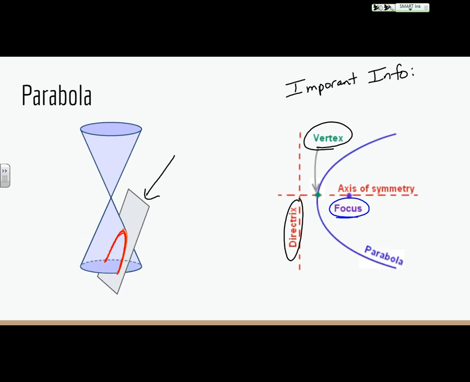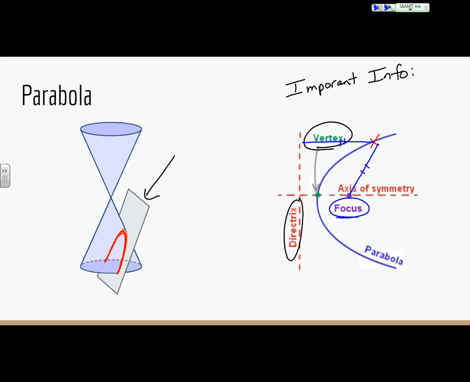Now, let me just briefly talk about this. I'm not going to go into a lot of detail with it because I think this video will be long enough without doing that. But the idea is that if I was to choose any point on this parabola, I'm just going to choose this random point up here marked by the X, and I draw a straight line from the focus to that X, it should be the same distance as the straight line that connects the directrix to that point.